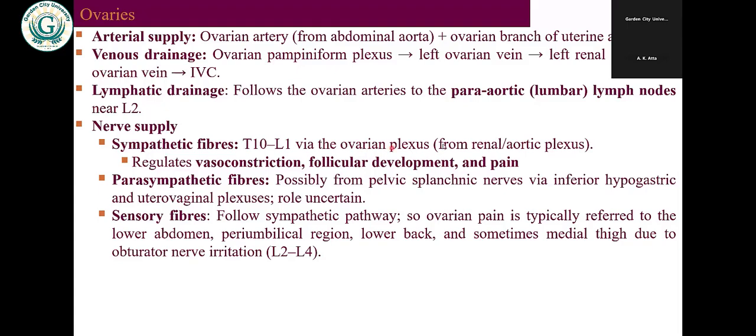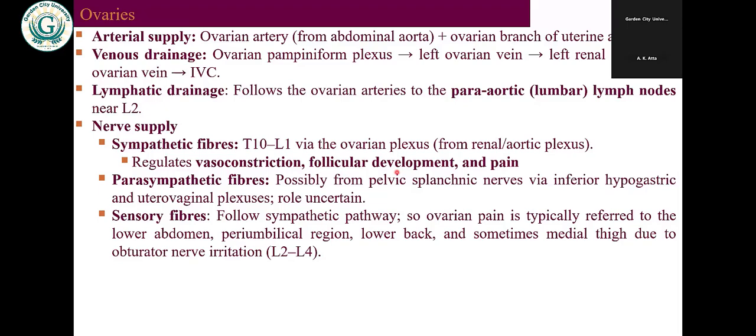The ovarian plexus is from the renal or aortic plexus. I think when we were looking at the kidney, we mentioned those plexus. They are responsible for vasoconstriction and follicular development. Now, if you look at where the ovary is, it's above the pelvic pain line.